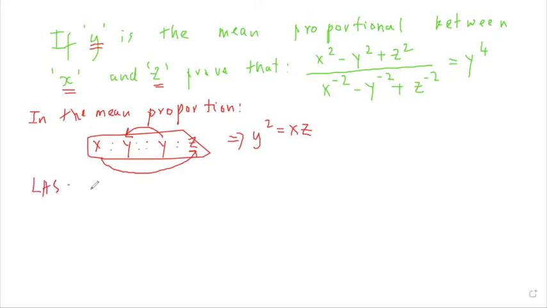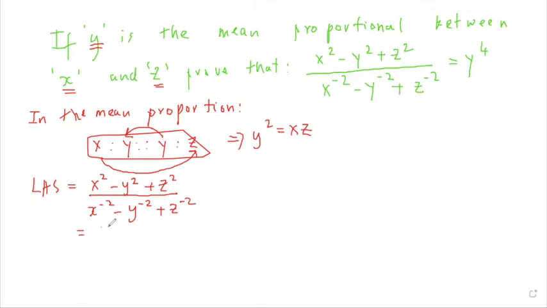So LHS, or left hand side, is equal to x squared minus y squared plus z squared divided by x to the minus 2 minus y to the minus 2 plus z to the minus 2. Now, what does this mean?